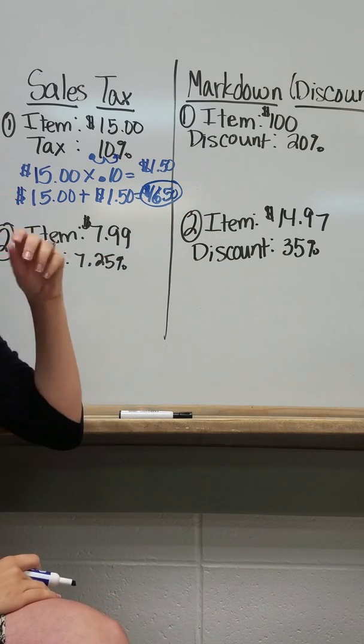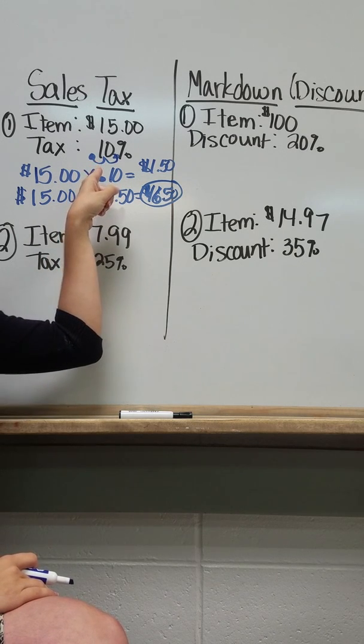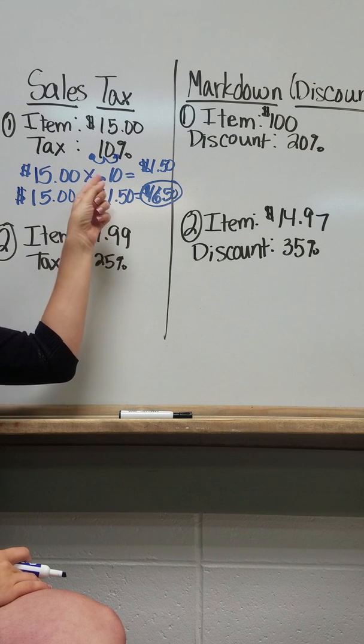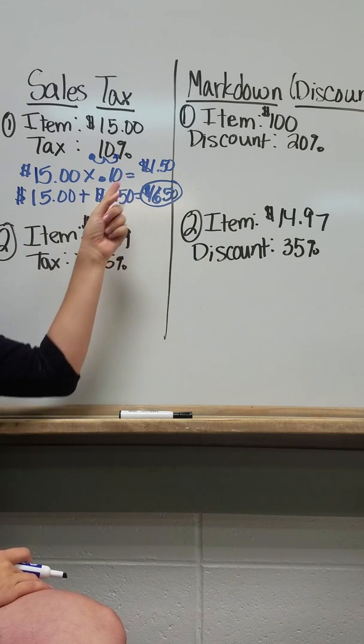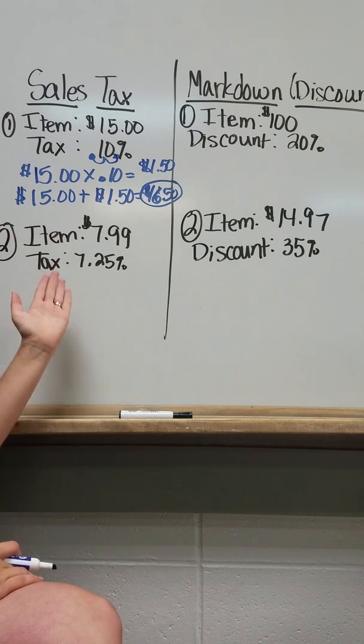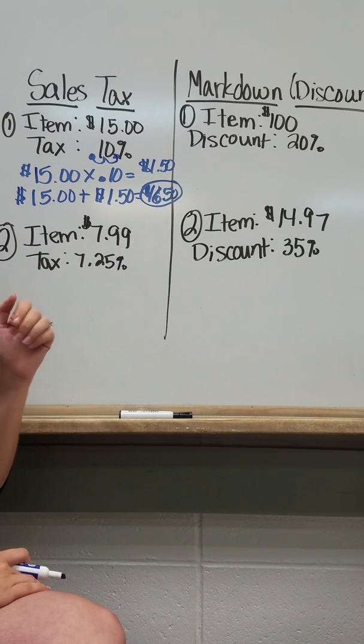Okay, so to review, we move our decimal 2 times to the left in our percent. We multiply our price times that number, and then when we get that answer, we're going to add it back to our original price.